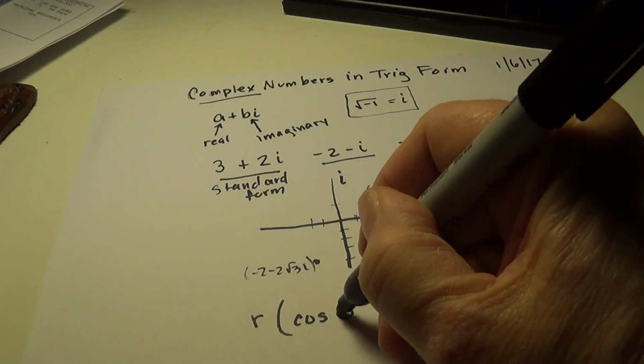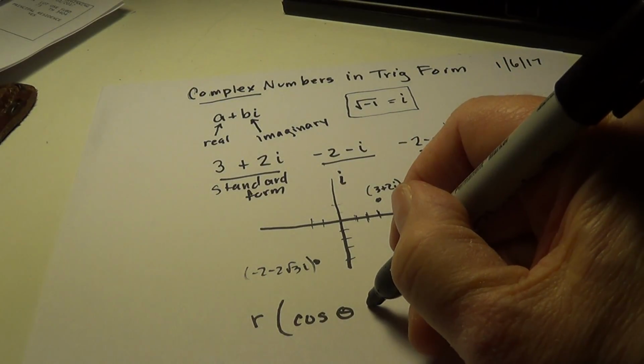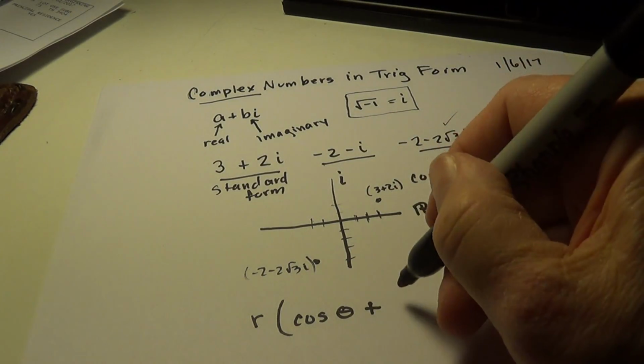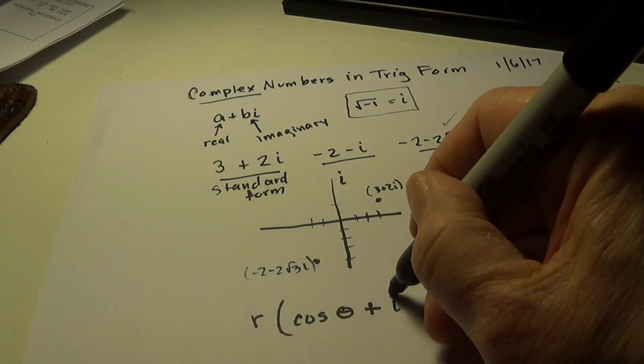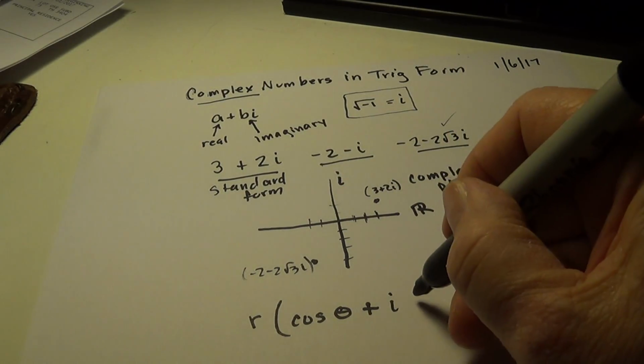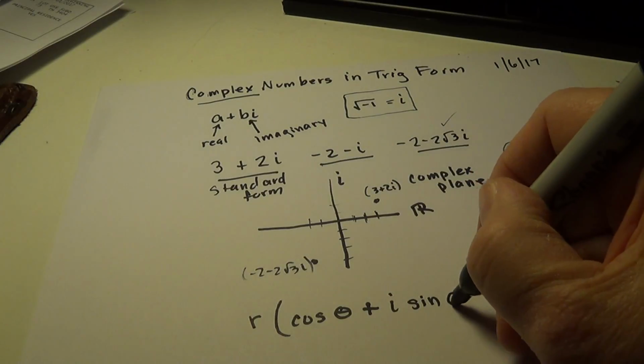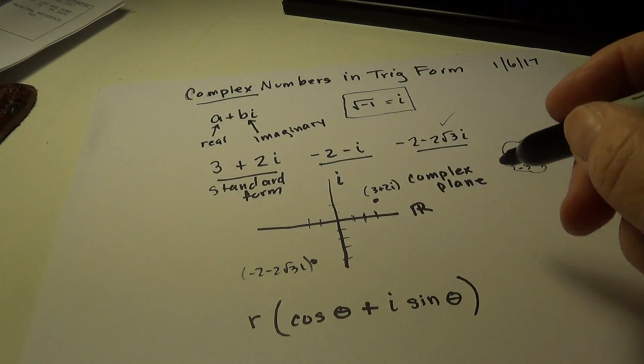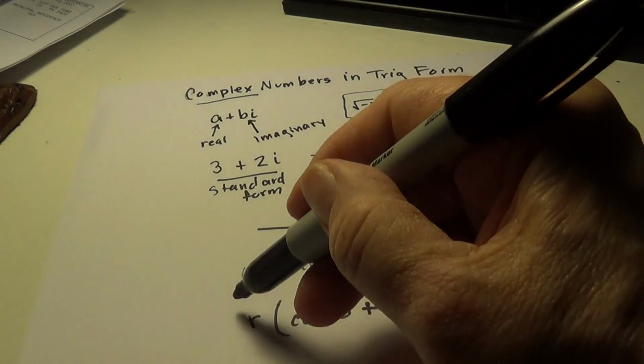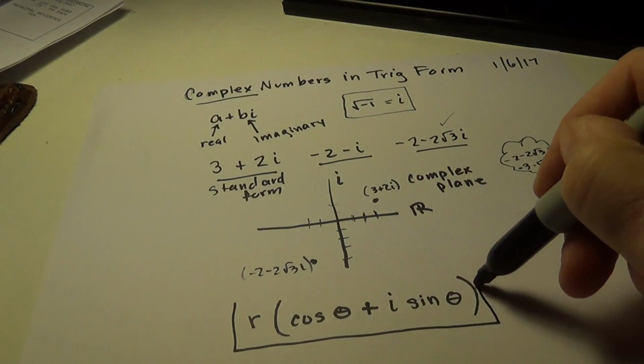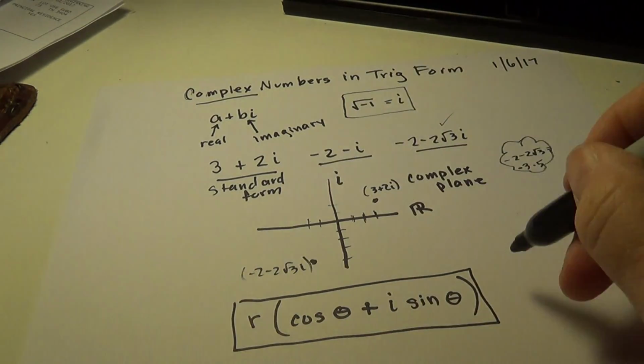Then there's going to be an angle. Then there's going to be a plus or a minus sign. Then there's going to be an i. Then there's going to be a sine of this angle. So this is the basic form of trig form.